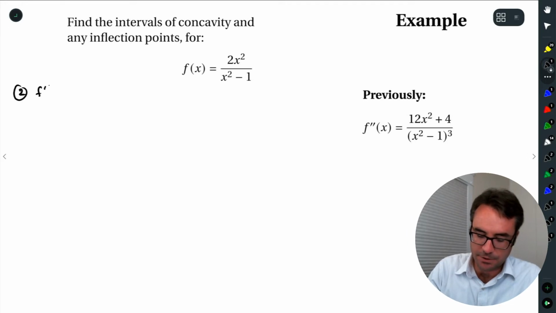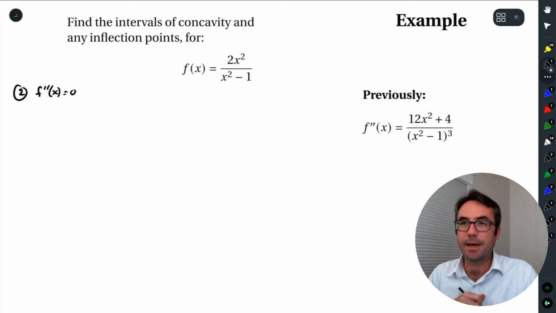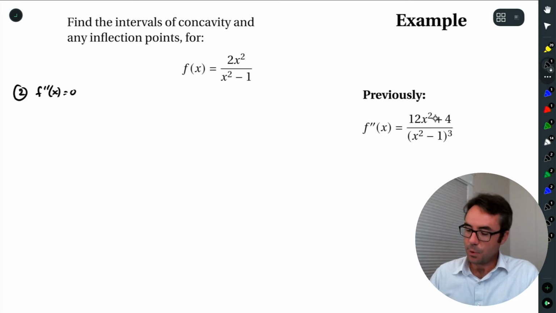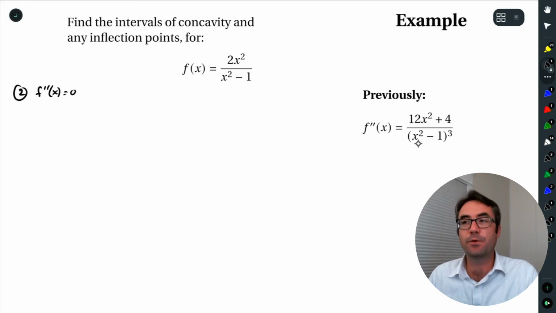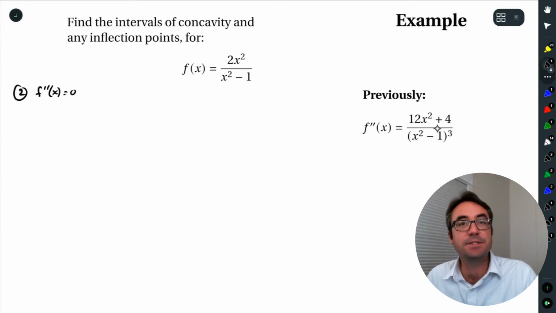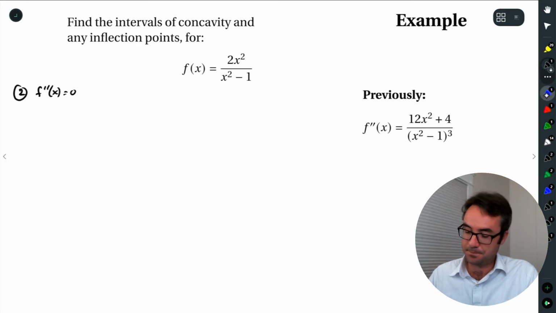We want to know where is our second derivative equal to 0. And we found that the second derivative was 12x squared plus 4 over x squared minus 1 cubed. And when it's written as a single fraction like this, the nice thing about getting it into a single fraction is the only way a fraction can be 0 is if the numerator is 0.